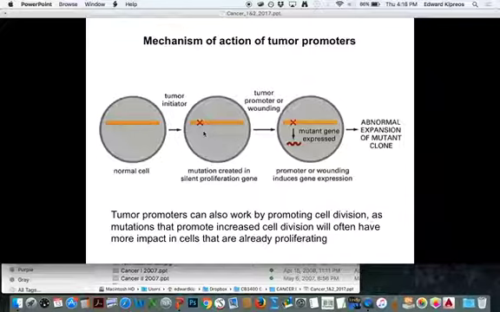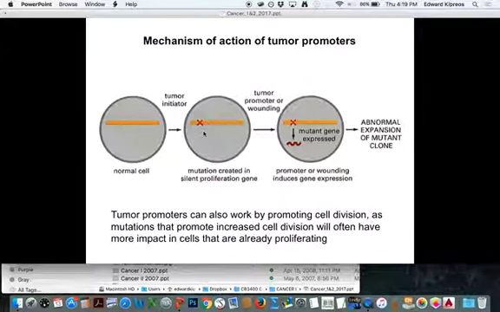It's causing the cell to divide. But the cell's not dividing. It's a resting cell. Well, if that's a resting cell, that gene that normally makes the cell divide is not being expressed. And so you actually have to make the cell divide before you even make the mRNA from that gene, and only then does it make it over-divide, okay?